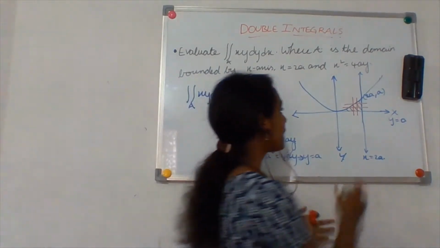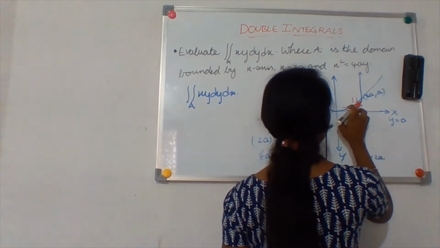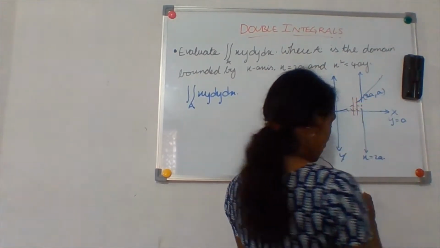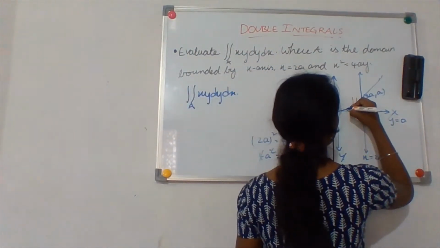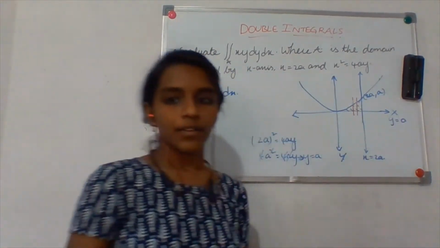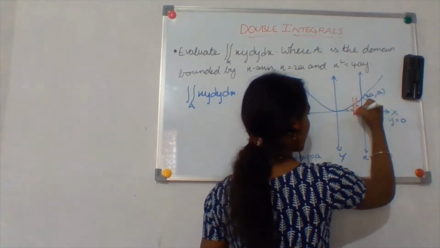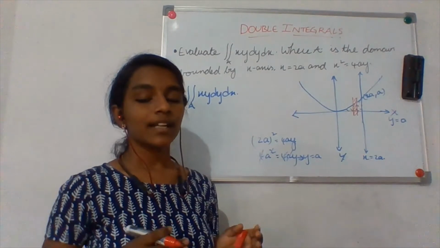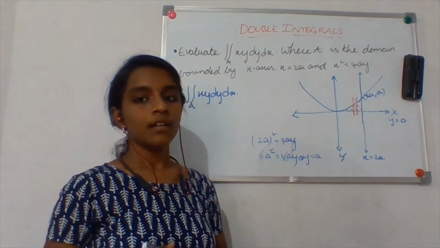Okay, let me take the line parallel to the y-axis. Done. So that is the strip that I chose, that is parallel to the y-axis.